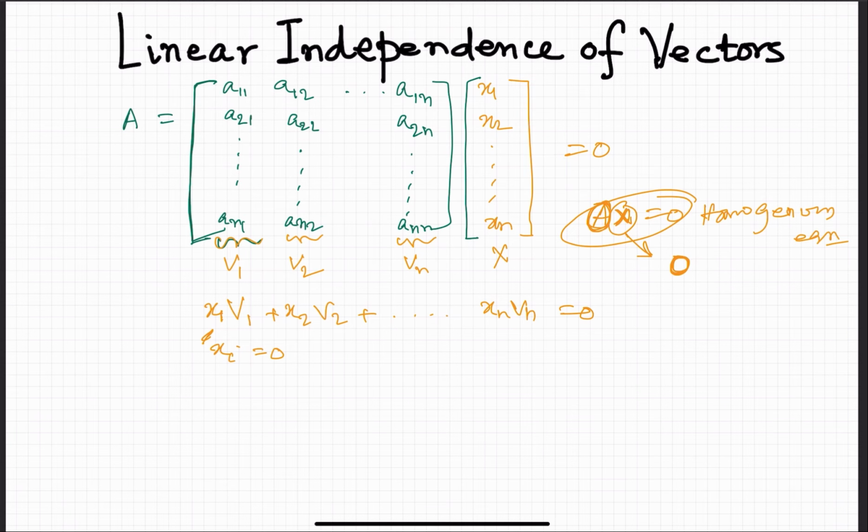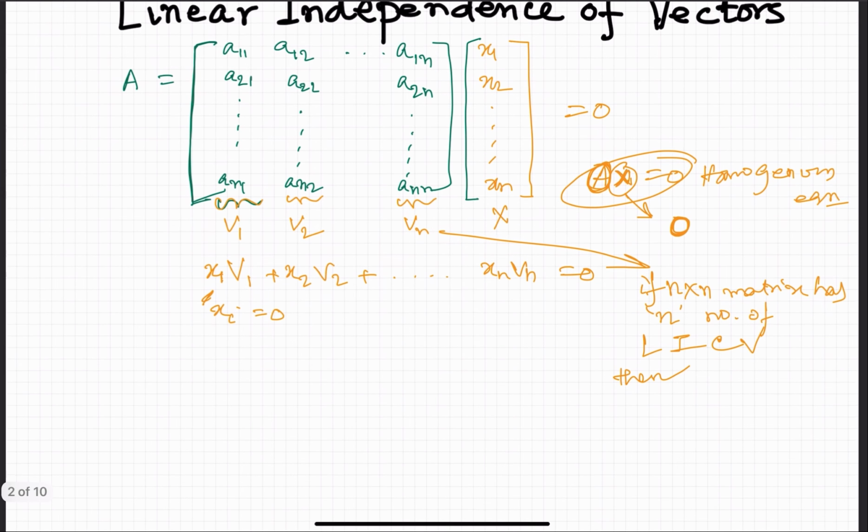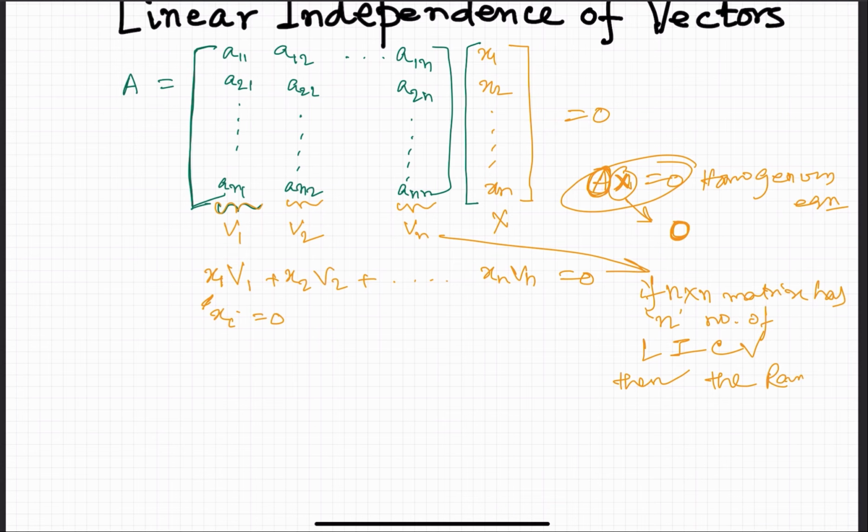And there is a term: if an n cross n matrix has n linearly independent column vectors, then the rank of that matrix will be n.